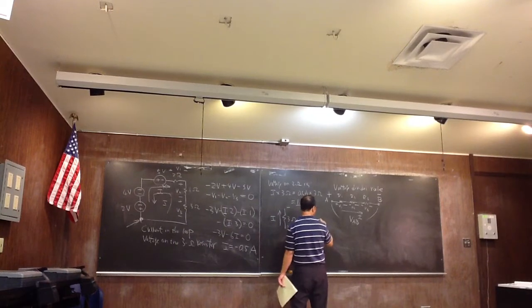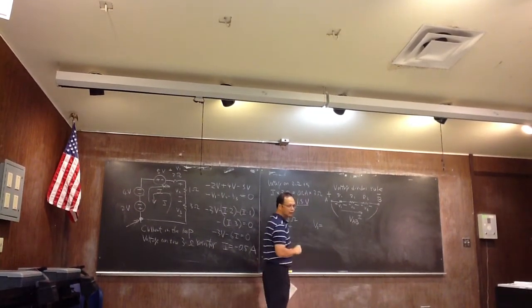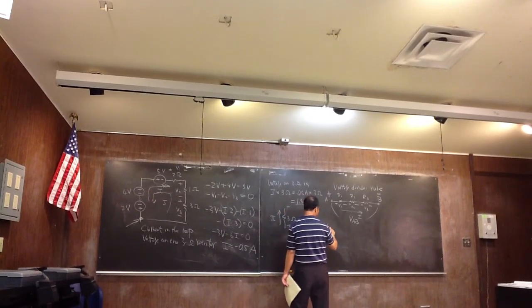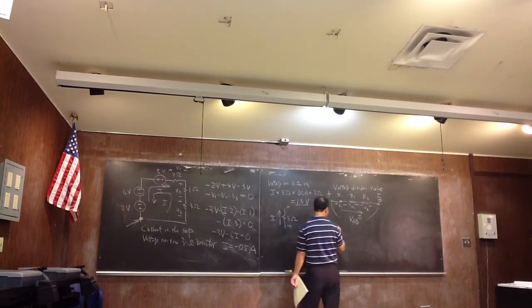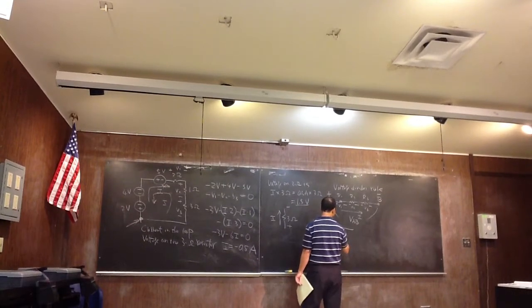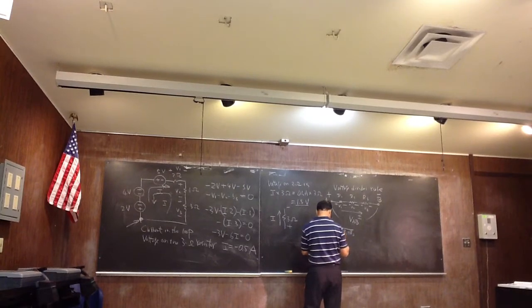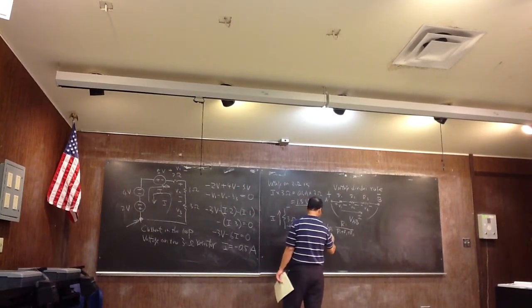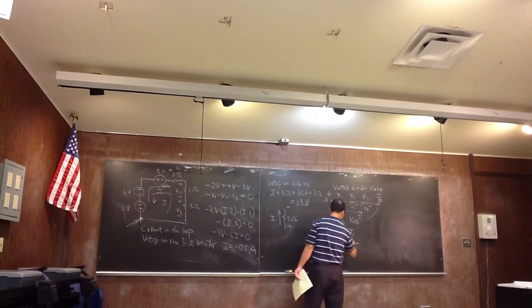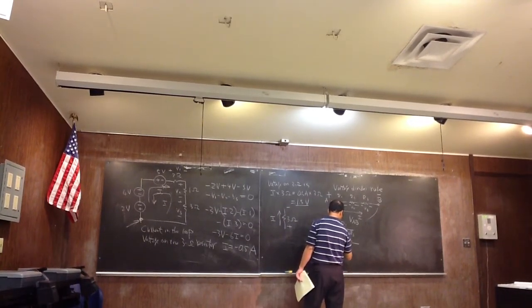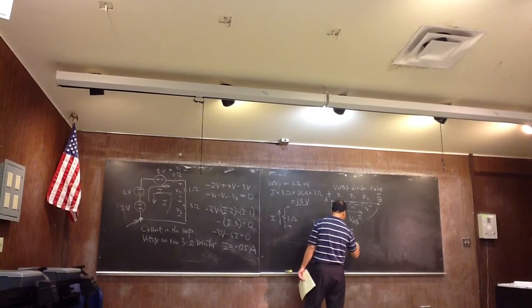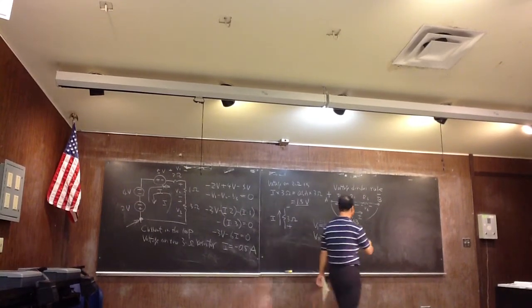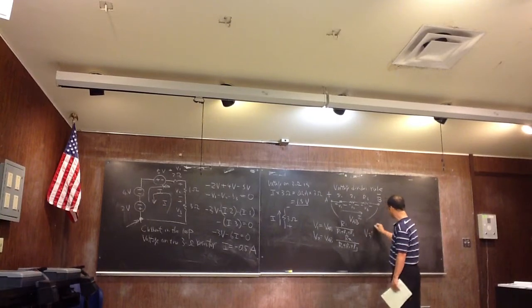Okay, then, according to this rule, V1 can be expressed in terms of VAB in the following formula. And V3, the same thing.